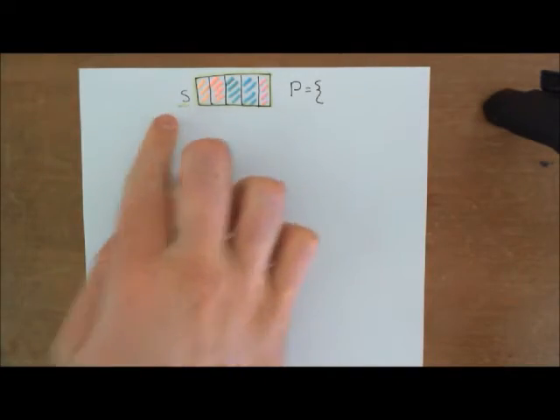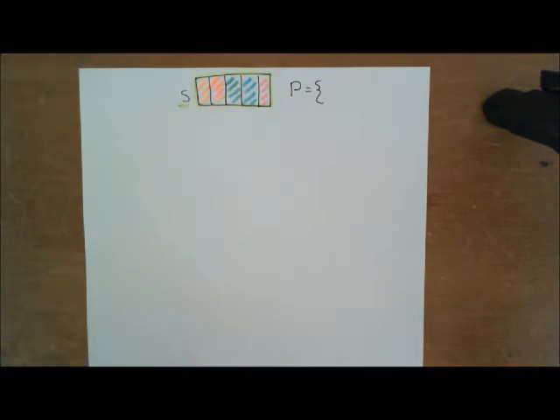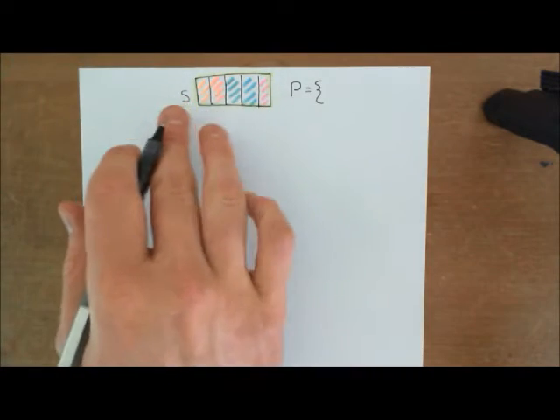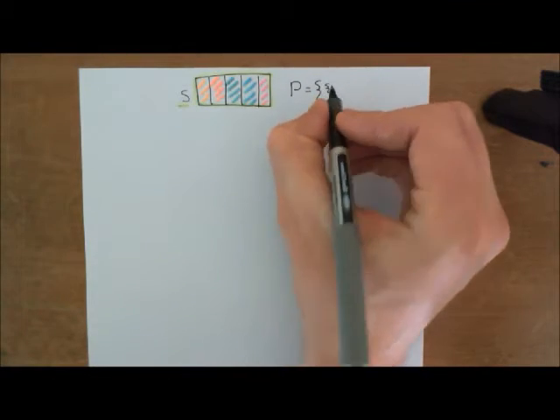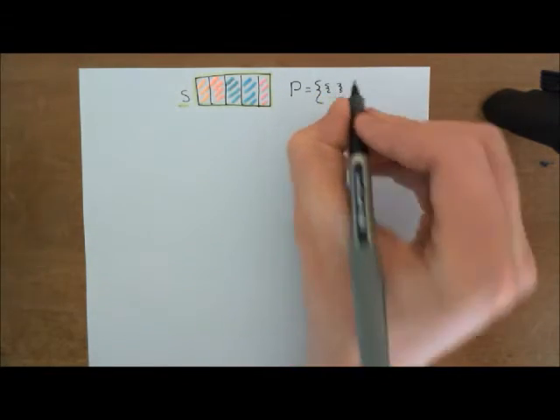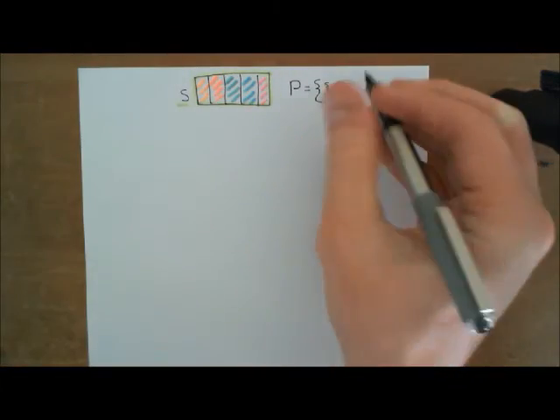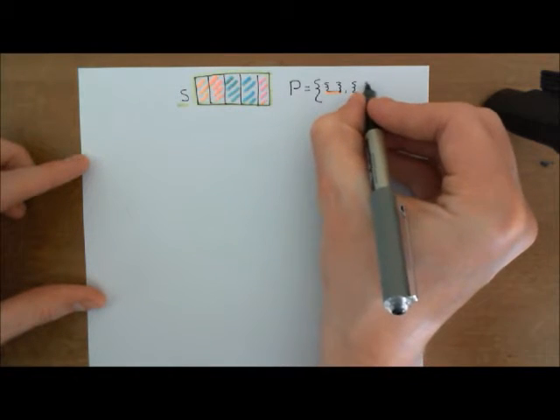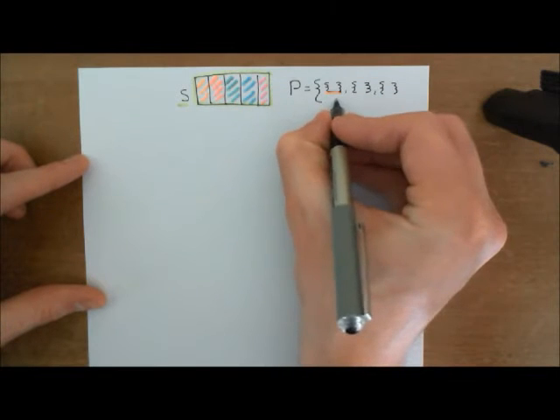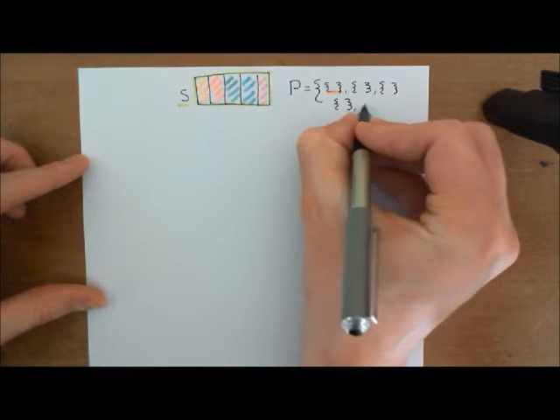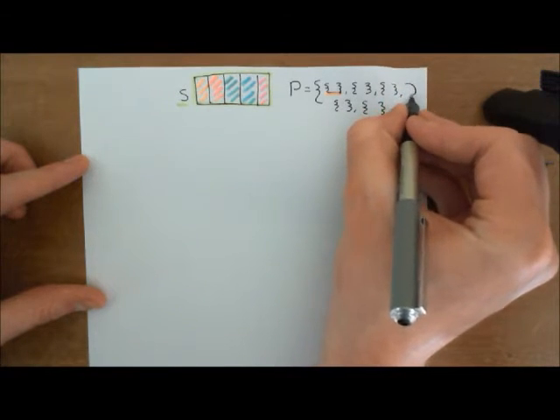So our partition of the set S is a set containing these 5 subsets which we've split the large set S into. Okay, so we'll have subset orange here. Okay, and I'll colour code it. So here we have subset orange inside of set P. Then we'll have subset red, which can be represented here, subset turquoise, which can be represented here, subset blue, which can be represented here, and subset pink, which can be represented here.